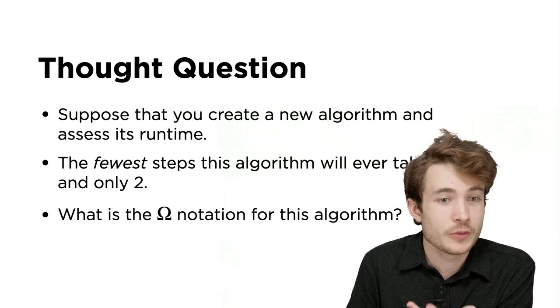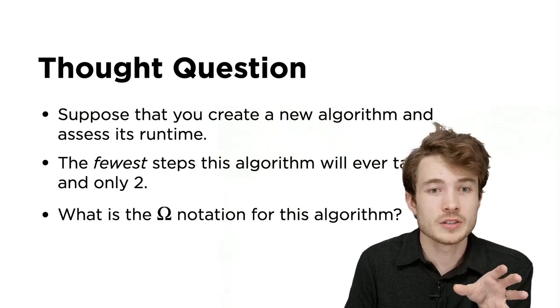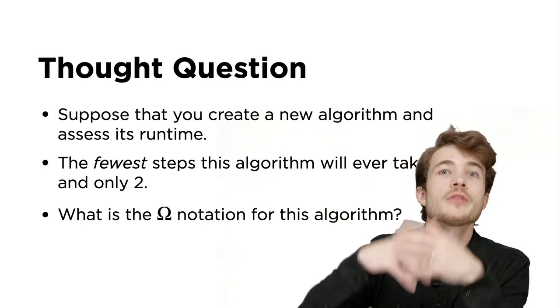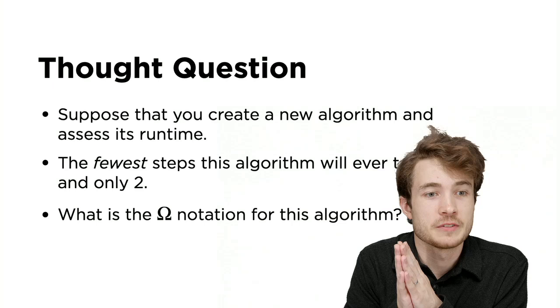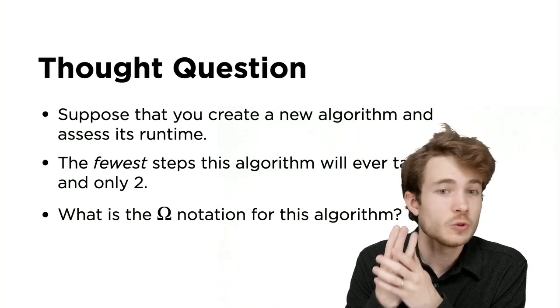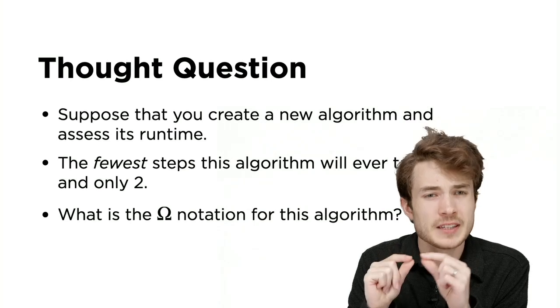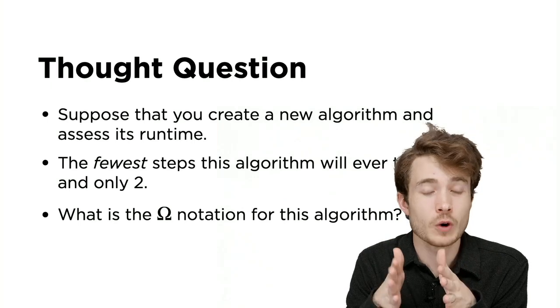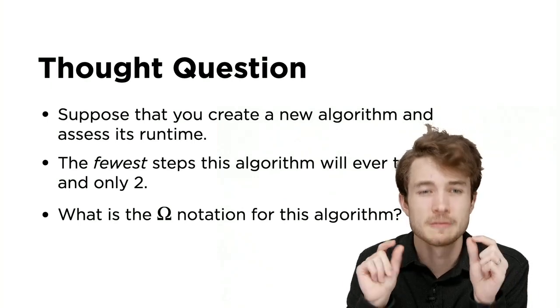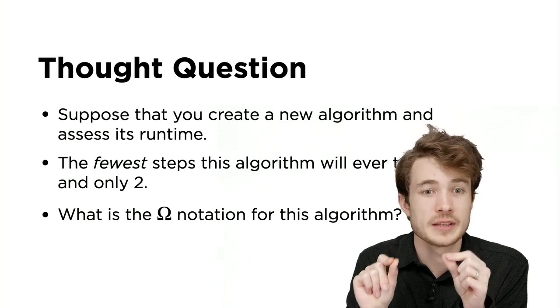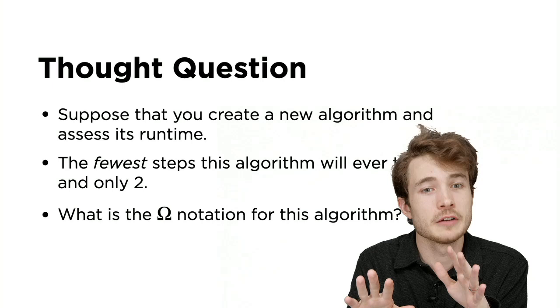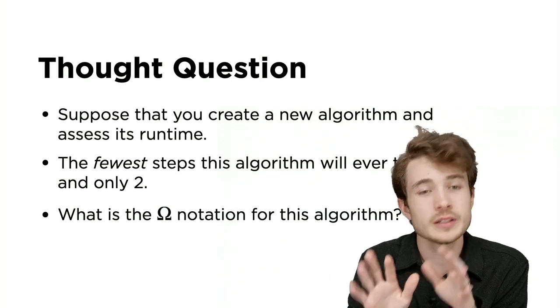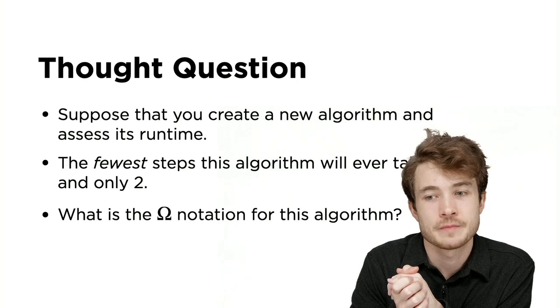But it turns out that computer scientists, by convention, like to think of things as being on the order of some number of steps. And whether it takes 2, 3, 4, if it takes some fixed number of steps, we'll say it operates in omega of 1 to symbolize that it just takes some finite number of steps in the best case. So not omega of 2, but instead omega of 1 by convention in this case.